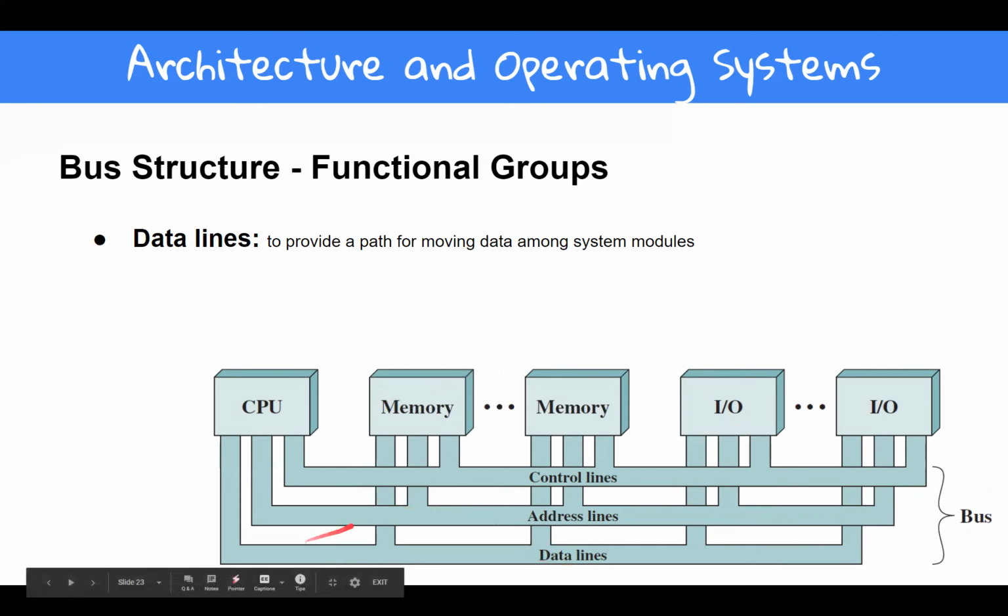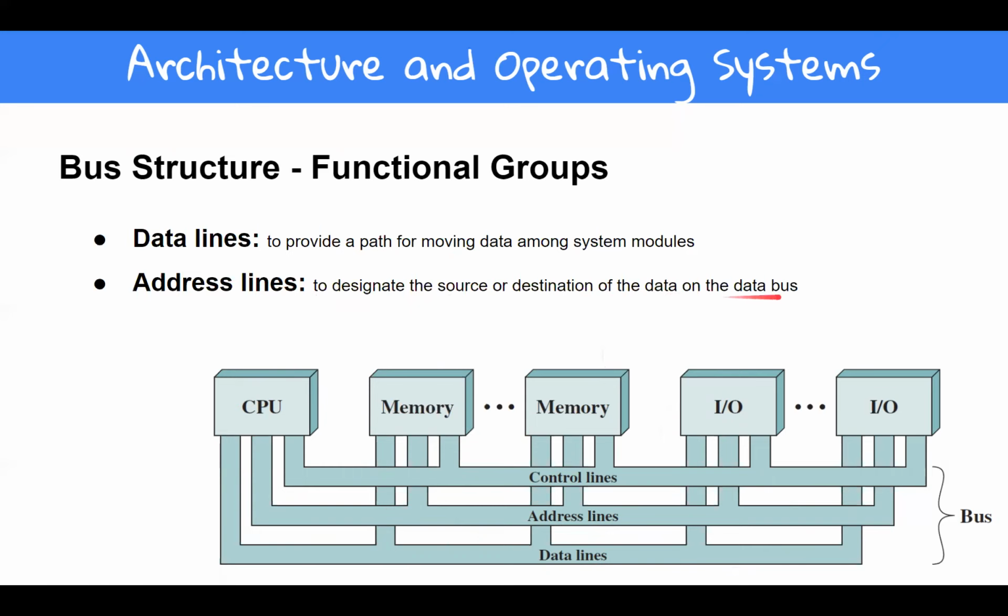Data lines provide a path for moving data among system modules. As you see here, they send and receive the data between input, output, memory, and CPU. Address lines designate the source or destination of the data on the data bus. So if you want to send this specific data, you need to go to a specific location.